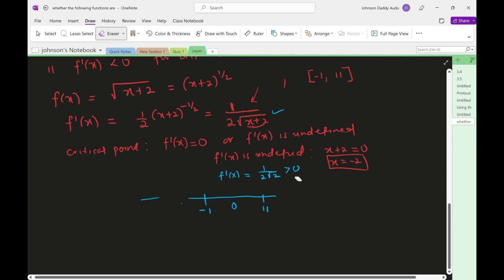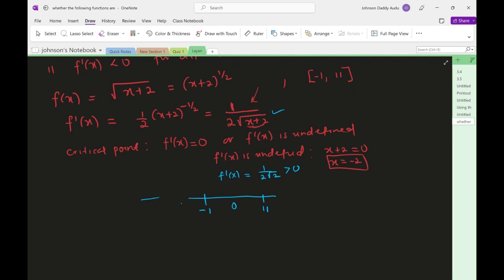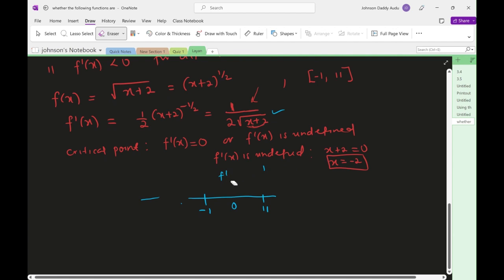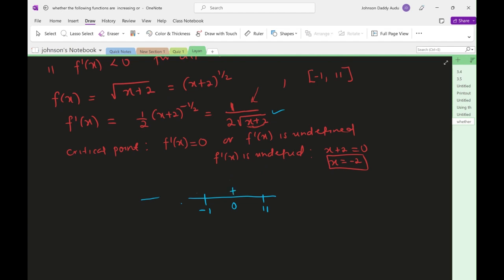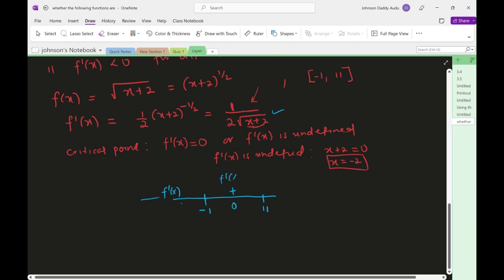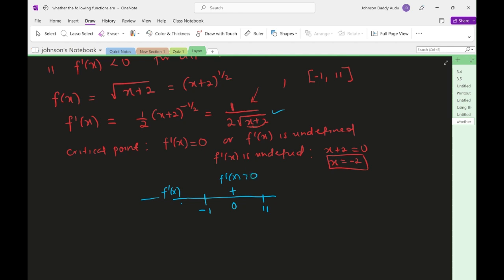So here you are going to have positive. This tells us that between -1 and 11, our f prime is greater than 0, so f is increasing.